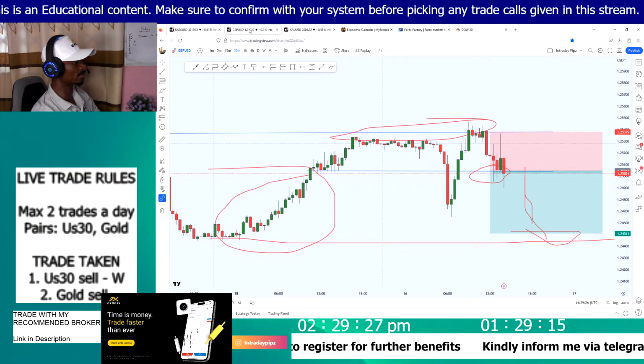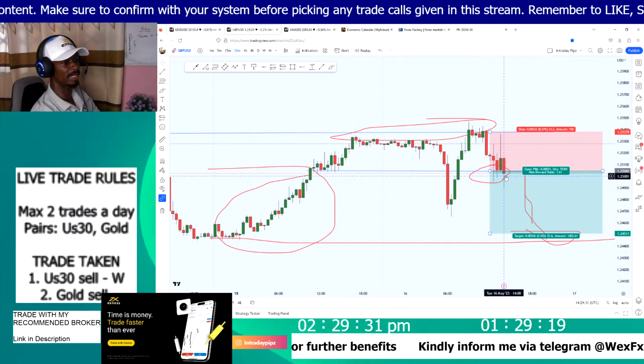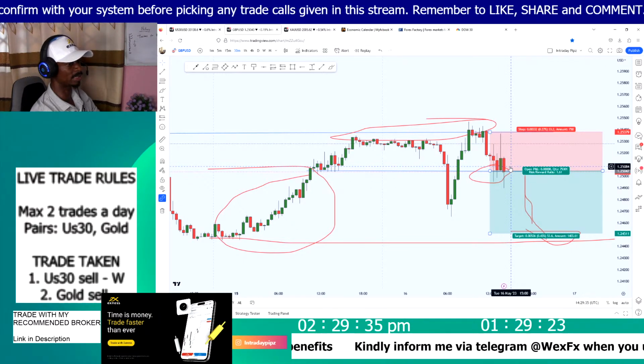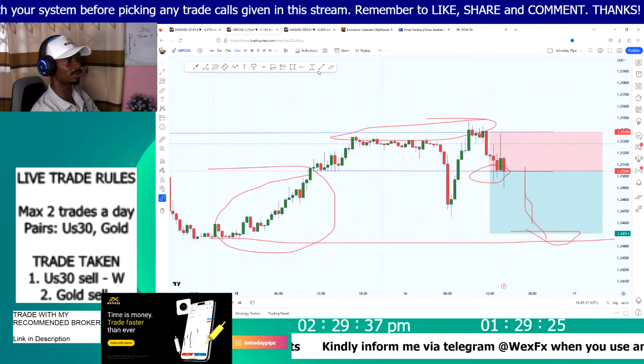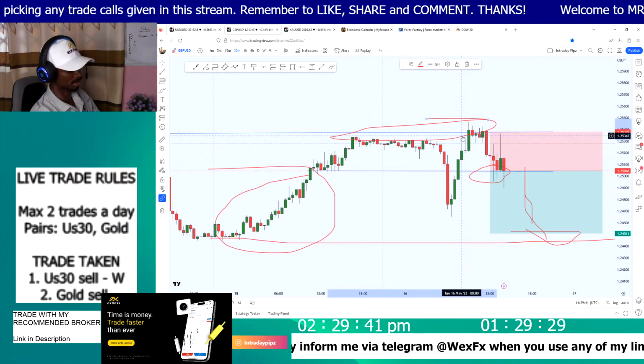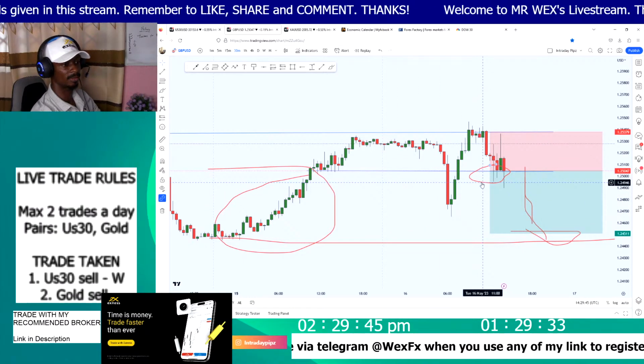So basically, most of the times when it happens like this, you're gonna see a new candle open and try to push higher to grab liquidity, then drop. So let's see. Let's take out some of this. Let's keep it clean.